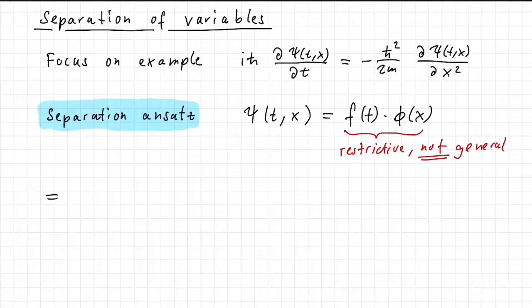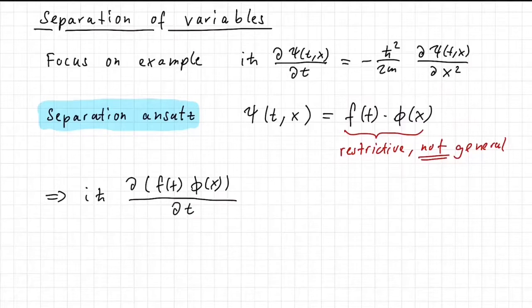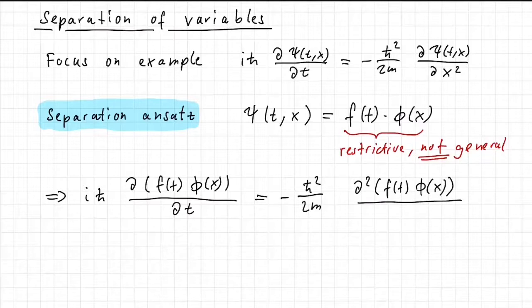And when we do that, we get i h bar, the derivative with respect to t of f of t phi of x, equals minus h bar squared divided by 2m, the second order derivative with respect to x of f of t phi of x.